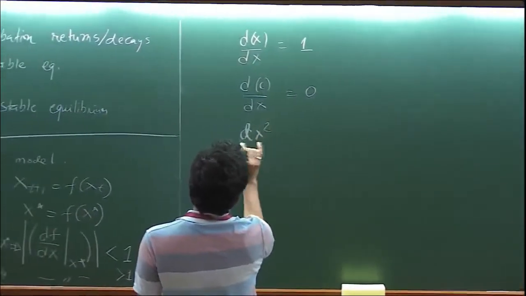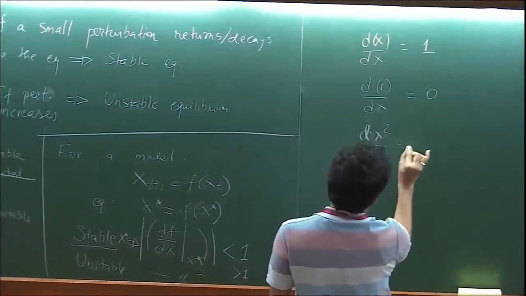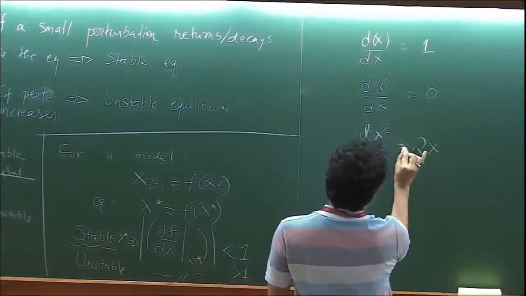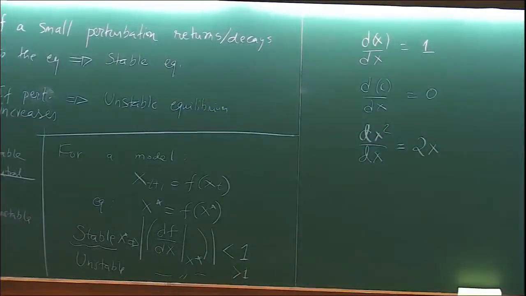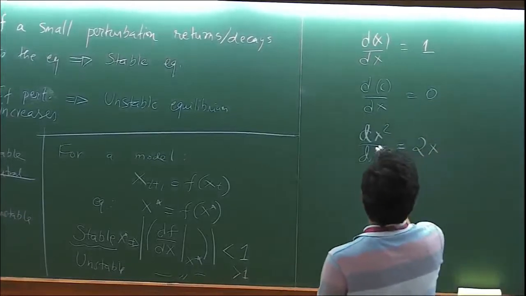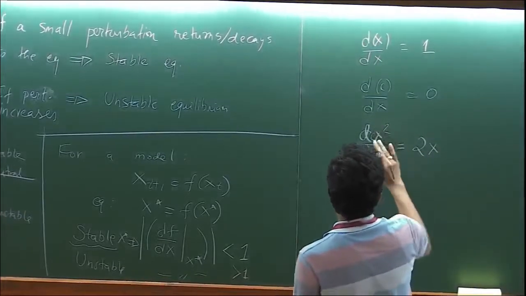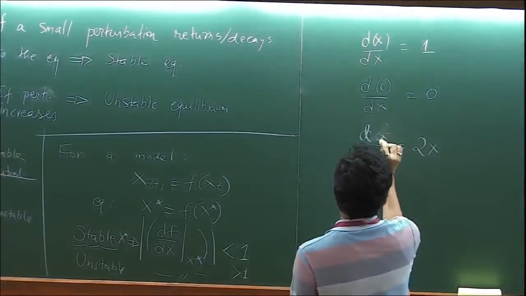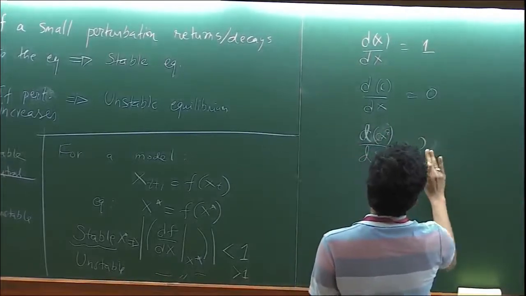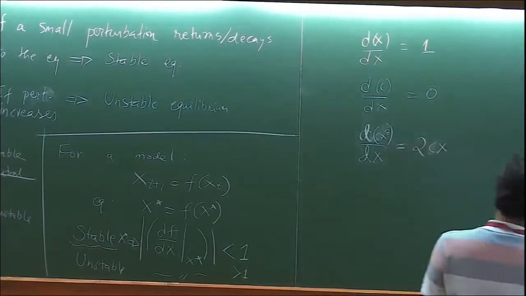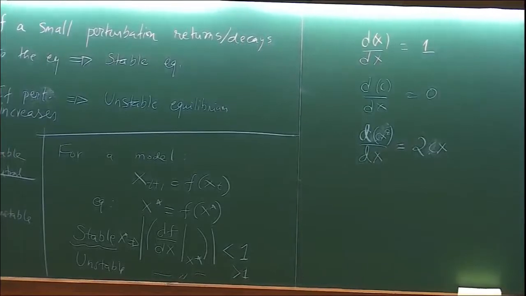Derivative of x square is 2x. I don't think you need anything more than this. Maybe I'll just make it c times x square equal to 2cx. If you don't remember derivatives, these are all the information you need.